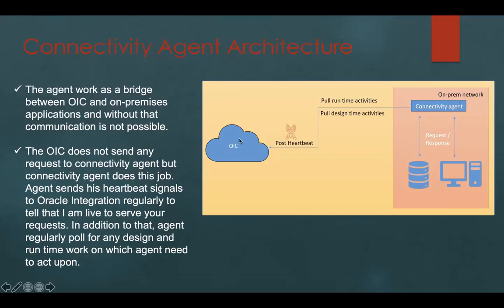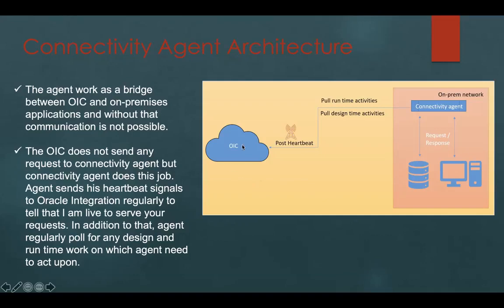So let's suppose you want to create a REST connection with an application which is on the on-premise network. Then OIC will use the REST adapter. You will provide the base URL of the REST API and will refer the agent group as well. Agent group I will explain in the next slide.